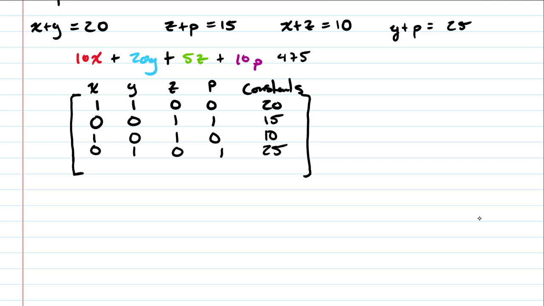And then our last equation is 10, 25, 10, and 475. So this gives us a 5 by 5 matrix.